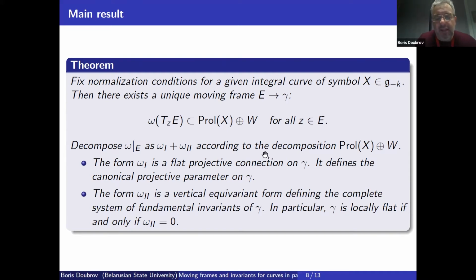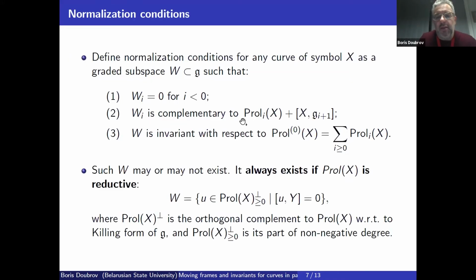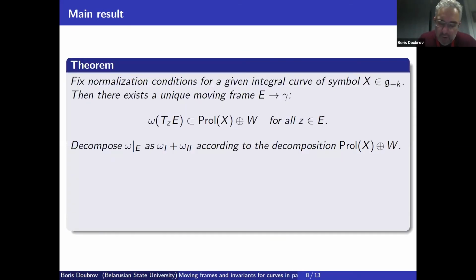And again, we can understand how many fundamental invariants in which degrees we have, because essentially it is all governed by all these spaces. So they are complementary here. If we know how large this space is, we know how large W is, so we know Wi, so we know how many invariants in degree i plus something, because we might use some tricks of lifting curves from a parabolic homogeneous space to a bigger, corresponding parabolic homogeneous space, and normalizing them there.